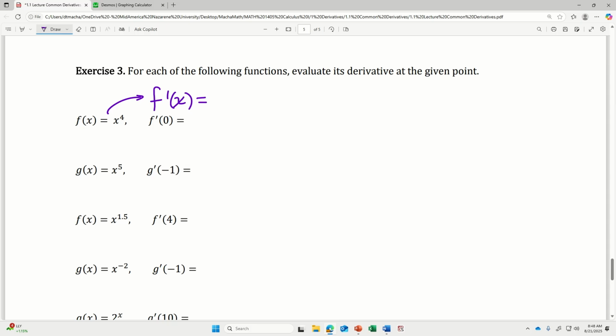Hold your horses just a little bit. 4x raised to the 3rd power. There you go. Yeah, that's the answer I'm looking for first. Now, Kyle is right that if I look at that derivative function and plug in x equals 0, then that's 4 times 0 to the 3rd power, and that is 0.